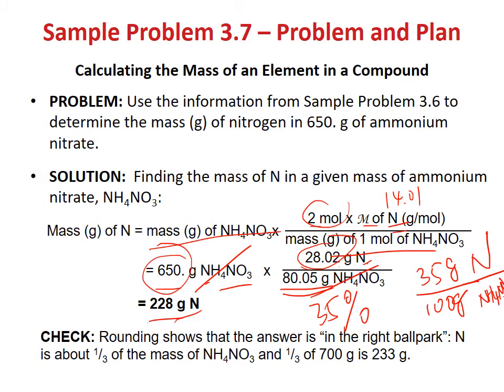So use this as a conversion factor. We can also cancel grams of ammonium nitrate. We get grams of nitrogen, and so you can use 650 times 35 divided by 100. You should get the same answer.